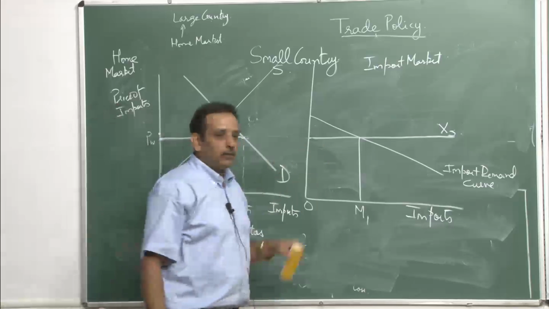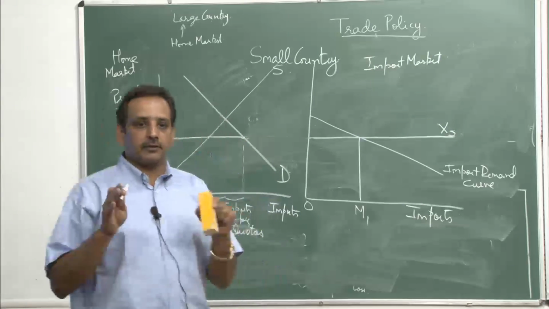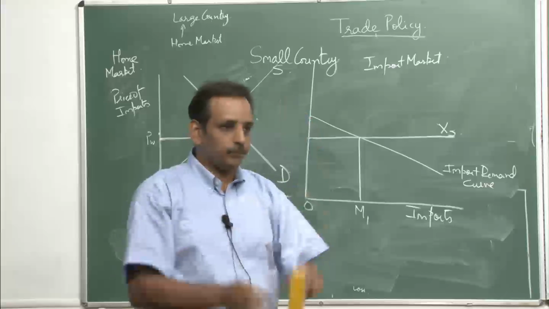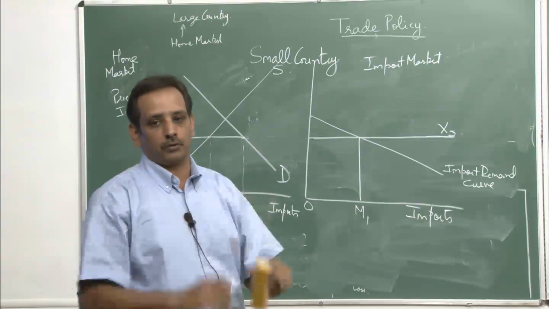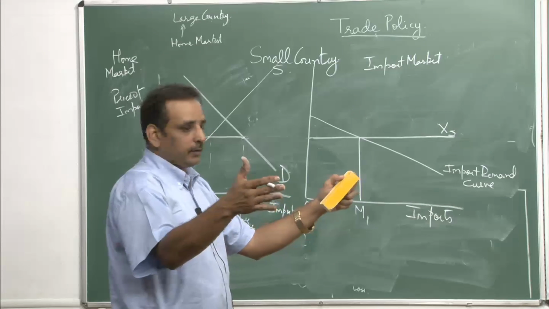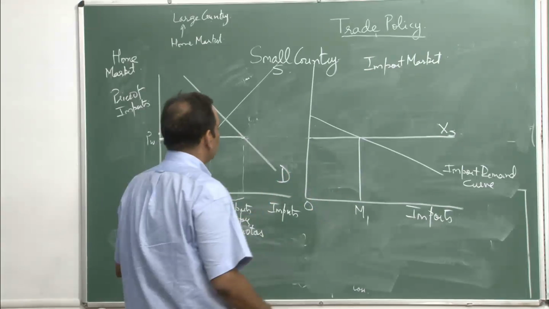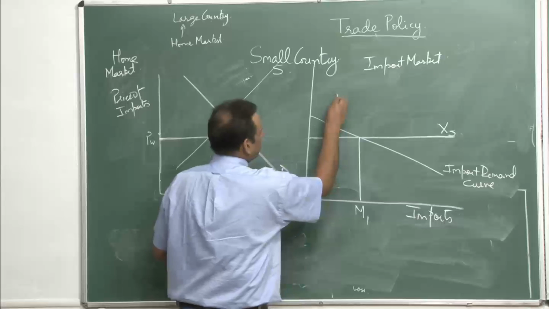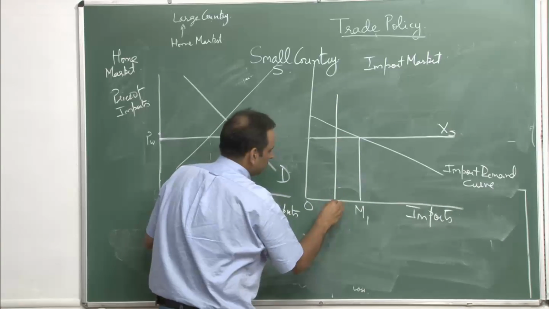Okay. Now, this country decides to restrict imports. This much imports were coming in, so it wants to restrict it. So, look at the export supply curve that it will have.